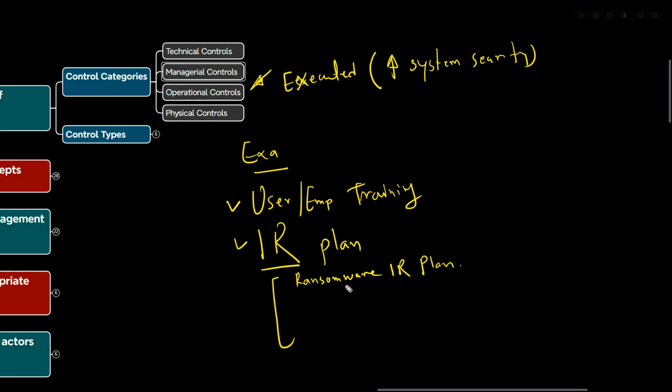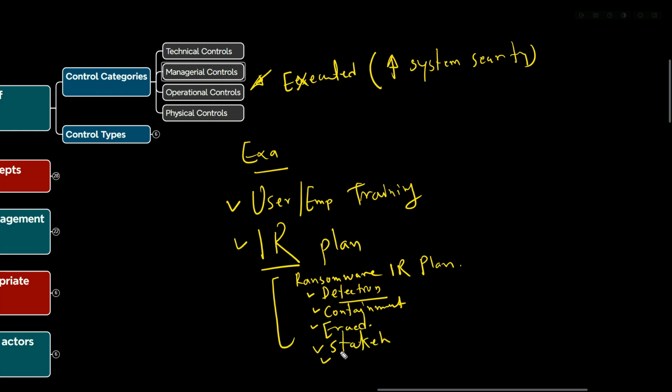So what is basically included? There would be a written strategy on how we should detect ransomware. And if it has been detected, how are we going to contain it? How are we going to contain the machine? How are we going to eradicate it from the machine? What stakeholders are we going to inform?